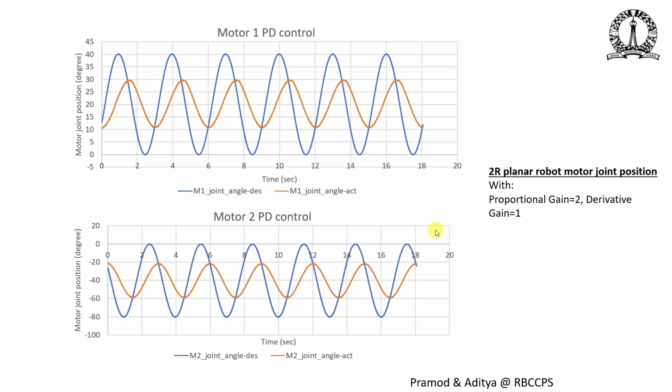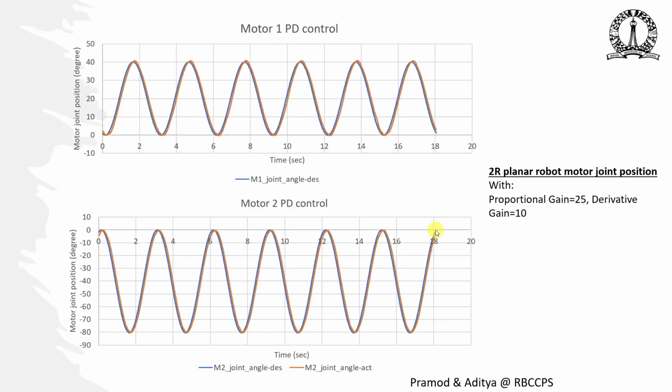We have done several trials and errors, and eventually we obtain a proportional gain of 25 with a derivative gain of 10. In that case, you can see the blue, which was the desired trajectory, and the orange, which is the actual trajectory achieved by the motor, are more or less matching. So what have we done?